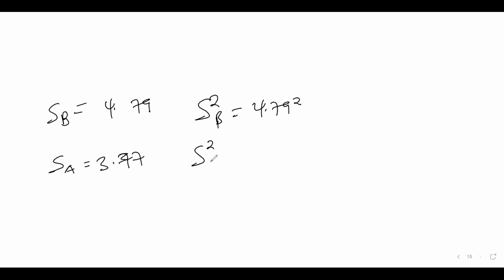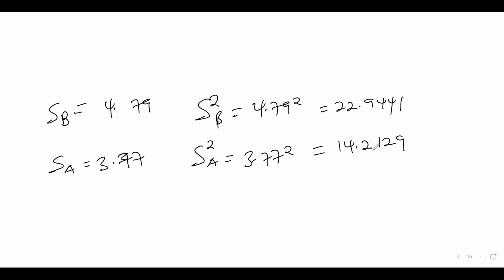That means that the sample variance for group A will be 3.77 squared, all right? So we have 4.79 squared, that is 22.944. Then 3.77 squared, that is 14.2129.